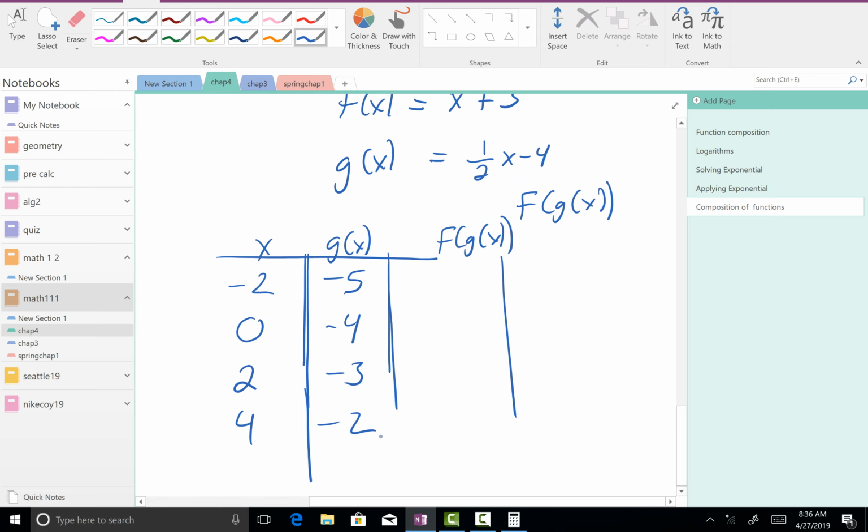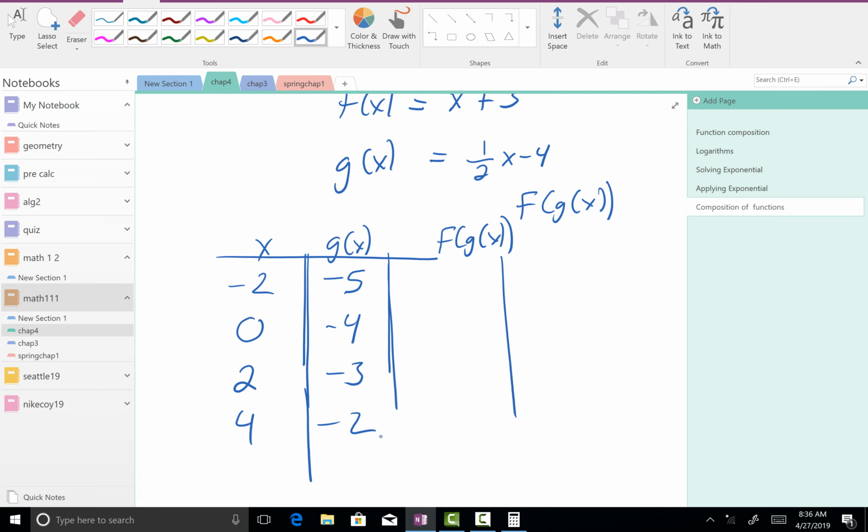All right, and we can do that for any number because we're not going to have any problems with that. So then on here, we're putting in any number we want, and we're getting numbers out. Okay, so this is the domain, and this is the range for G. And the range for this is also going to be what? It's all reals, right?